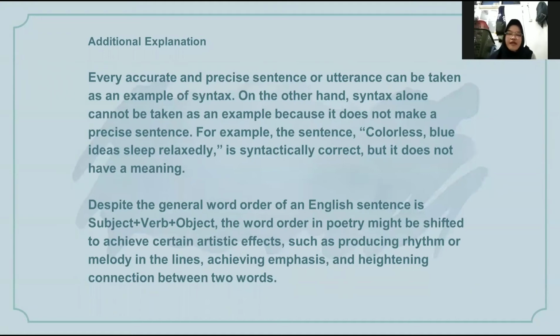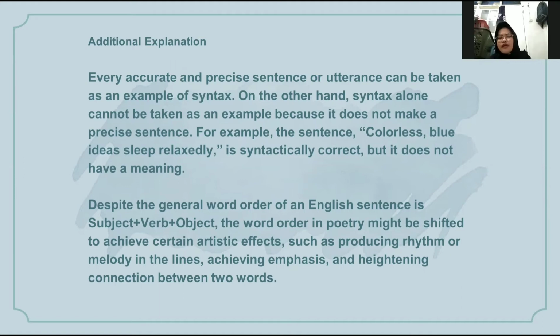Every accurate and precise sentence or utterance can be taken as an example of syntax. On the other hand, syntax alone cannot be taken as an example because it does not make a precise sentence. For example, the sentence "colorless blue ideas sleep relaxedly" is syntactically correct, but it does not have a meaning.